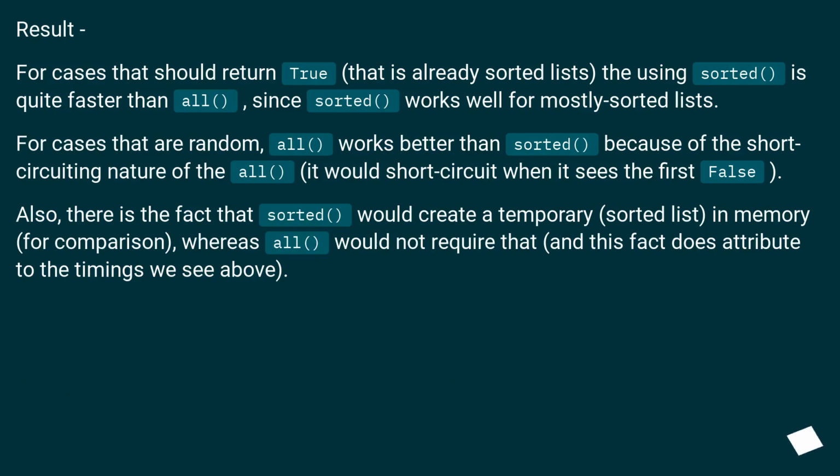Result: for cases that should return true, that is already sorted lists, using sorted is quite a bit faster than all, since sorted works well for mostly sorted lists. For cases that are random, all works better than sorted because of the short-circuiting nature of all. It would short-circuit when it sees the first false. Also, sorted would create a temporary sorted list in memory for comparison, whereas all would not require that, and this fact does contribute to the timings we see above.